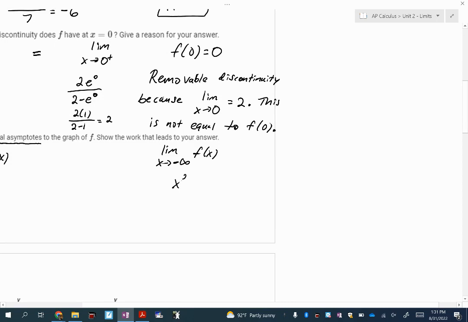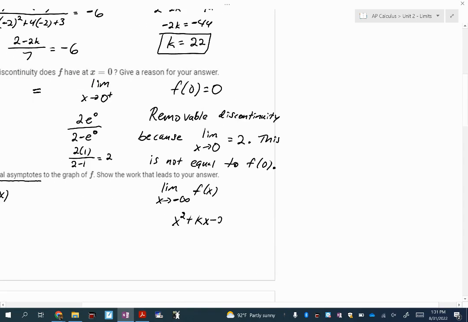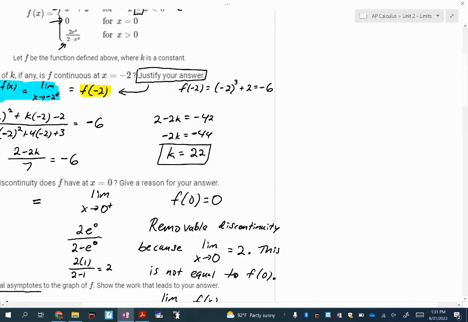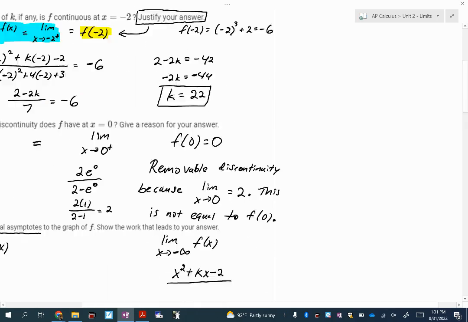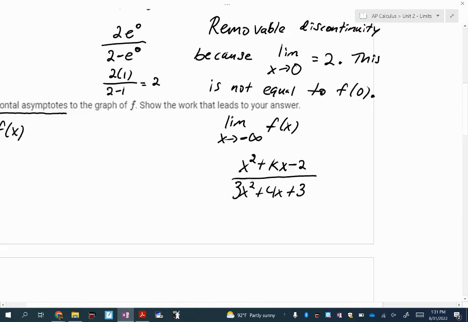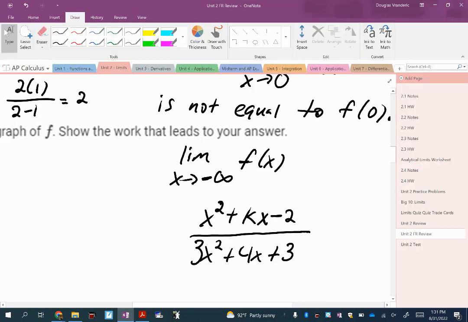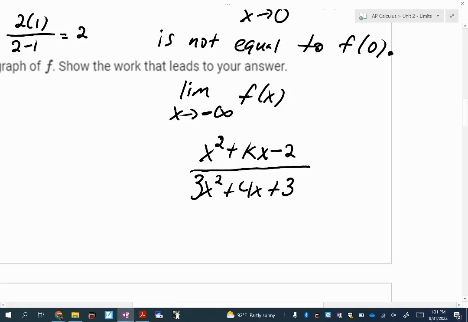So I'm going to look at x squared plus kx minus 2 over 3x squared plus 4x plus 3. It really doesn't matter if you decide to put in the k to make it continuous, it doesn't end up mattering. Now, this is one of those rational functions that you would have learned about in pre-calculus, where if you notice the degrees are the same.